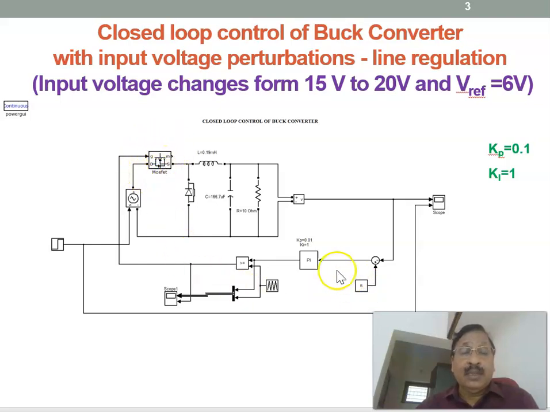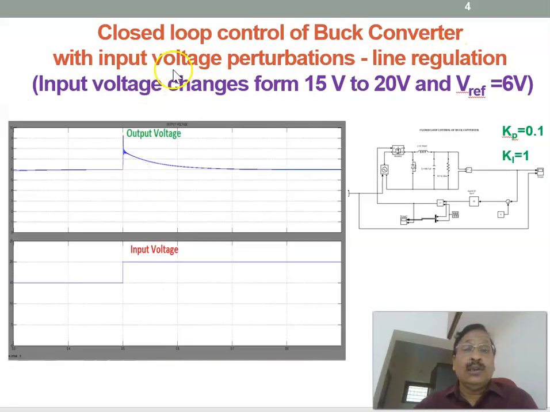Therefore, the output voltage will follow the reference voltage, independent of input voltage perturbation. Here the input voltage changes from 15 volts to 20 volts, and the reference voltage is kept at 6 volts. Even though the input voltage is perturbed from 15 to 20, we get the output voltage as 6. We'll see that output voltage response in the next slide. This is the simulation model of the closed loop control of a buck converter using a PI controller.